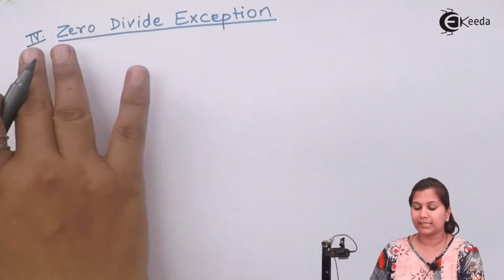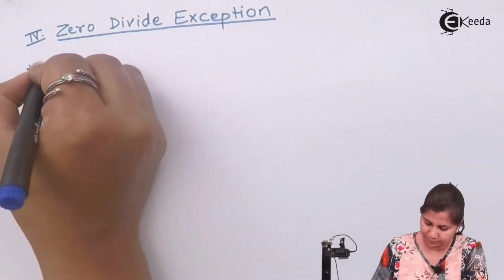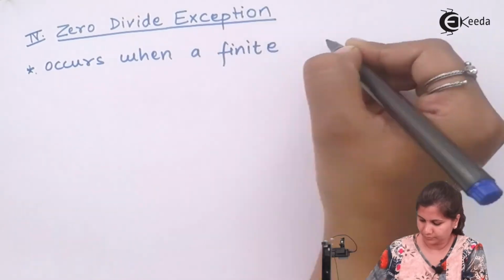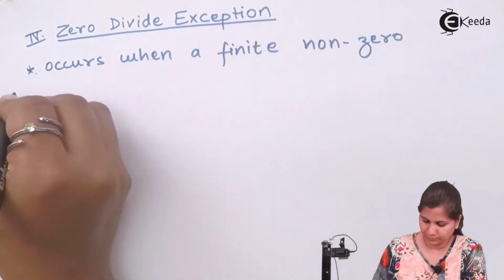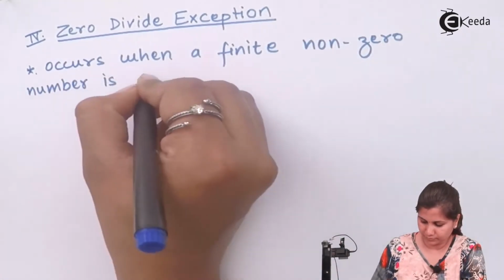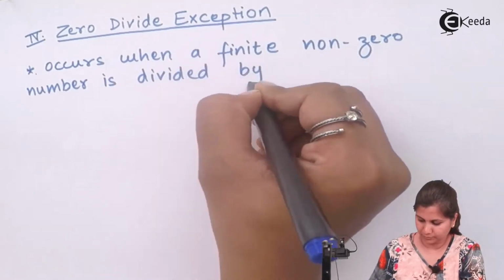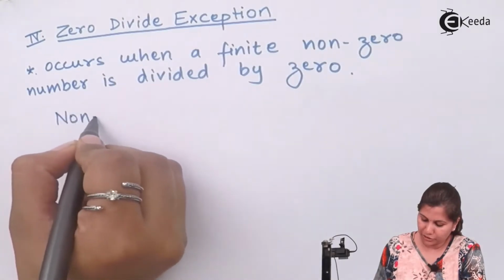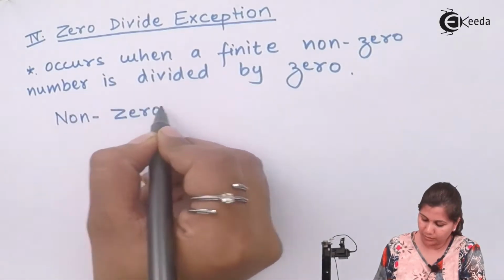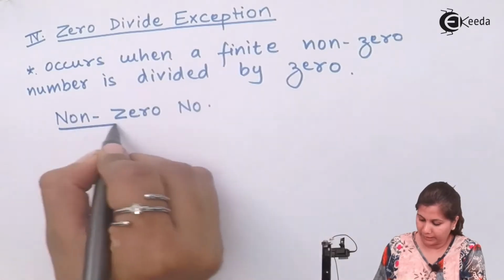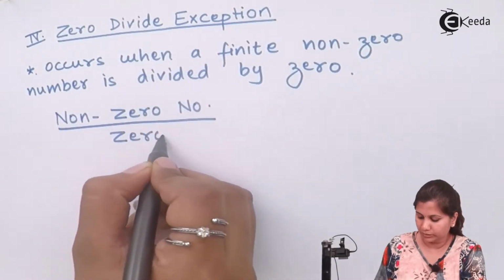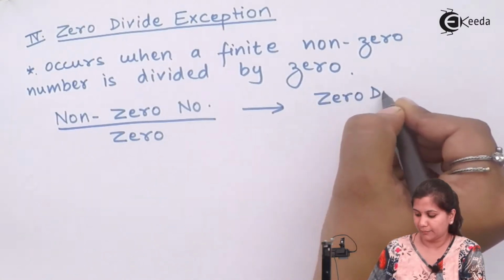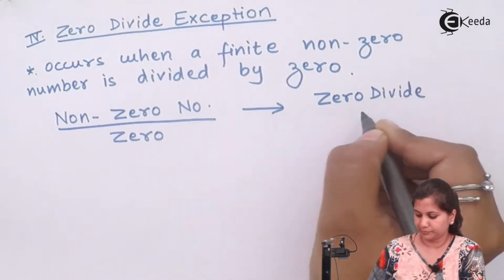So it's a zero divide error. Whenever we try an operation like a non-zero number divided by 0, that generates a zero divide exception or error.